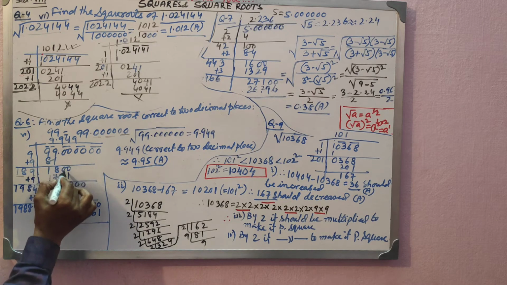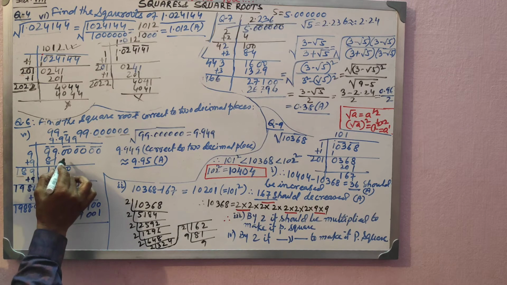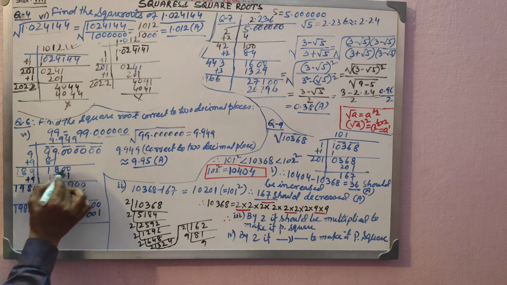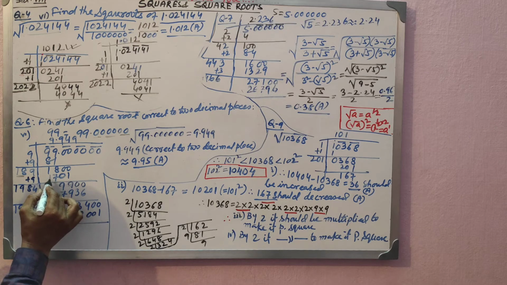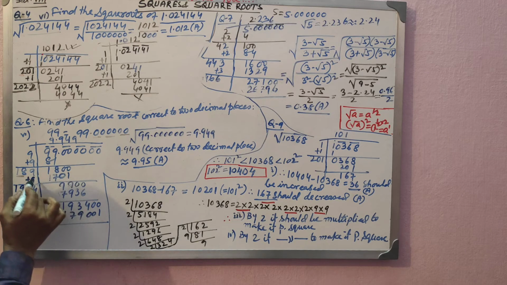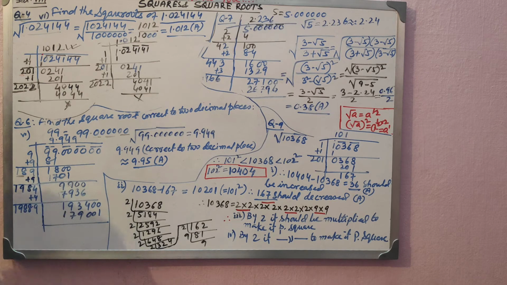As the decimal digit you are carrying, put the decimal here. Now the next 00 has come down, so it became 1800. Here 18, what digit will you put here and multiply by the digit itself, so that it becomes near to 1800? Maximum digit you can put is 9, minimum is 1.